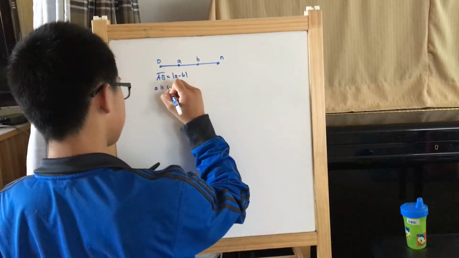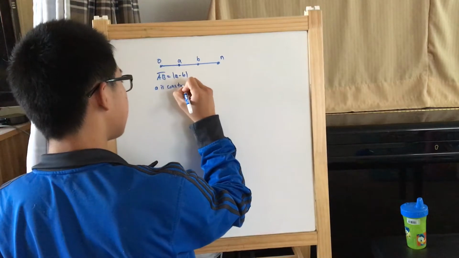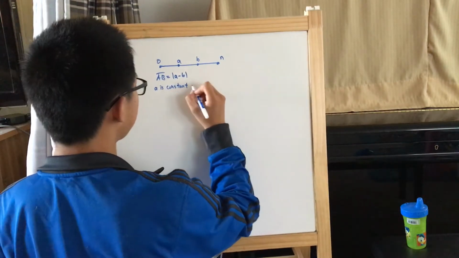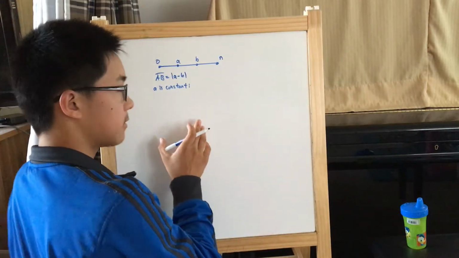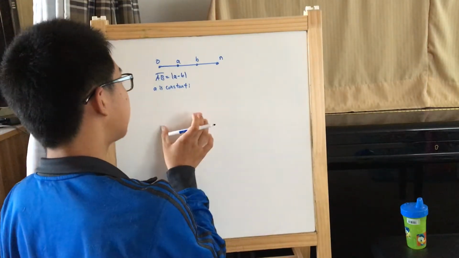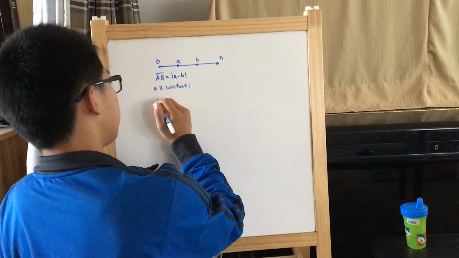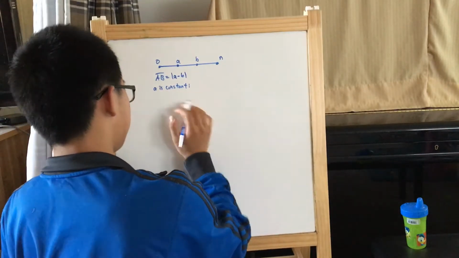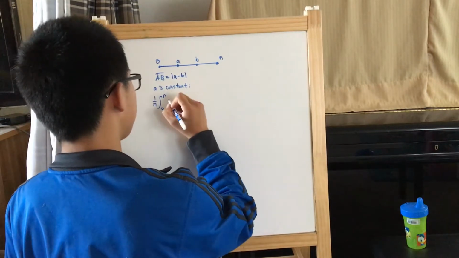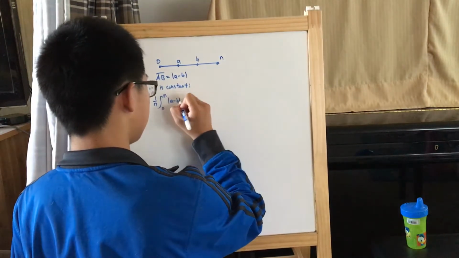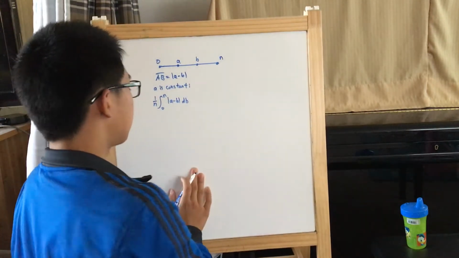So a is constant. It's not actually constant, we're going to pretend it's constant for a moment. Then the average value, or, well, expected value as well, but the average value for the length of AB, or just absolute value A minus B, would be 1 over n integral 0 to n of absolute A minus B dB.